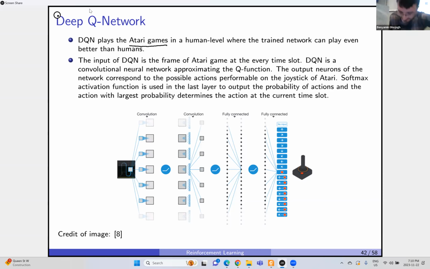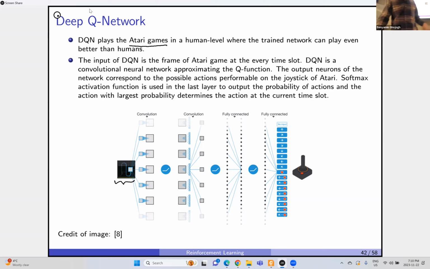So they said, okay, let's take every frame of the Atari game at every time step as one state. It's an RGB image, an image with 3 channels: red, green, and blue. You give it to the neural network, and as it is an image, you need a convolutional neural network for that.